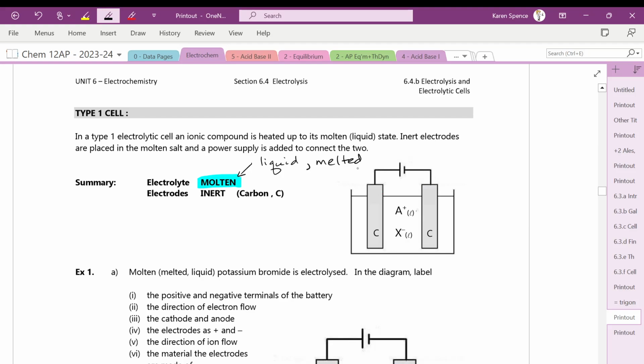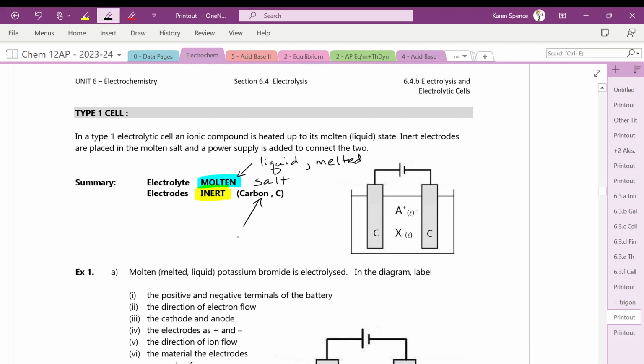Also, the electrodes are inert. Can you remember a material that we might make an inert electrode out of? We might make it out of platinum. But I'm going to tell you now that if we have a molten salt, platinum is not as good a choice as graphite.